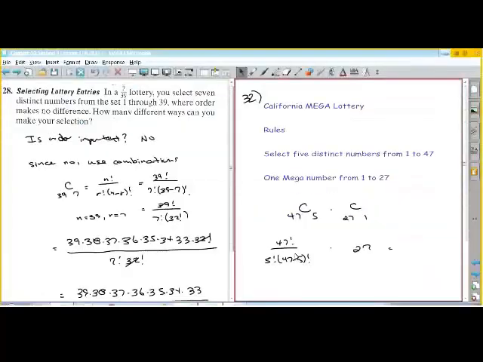Let's see if anybody put a number in yet. Oh, good. They're paying attention. Good. So go ahead and see if you can get that one.